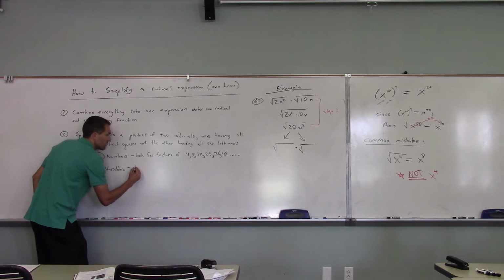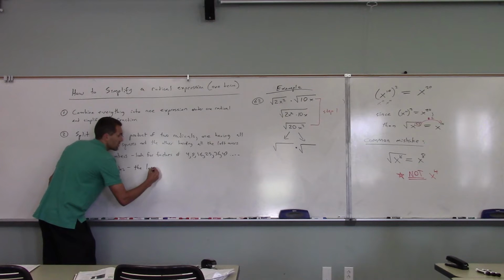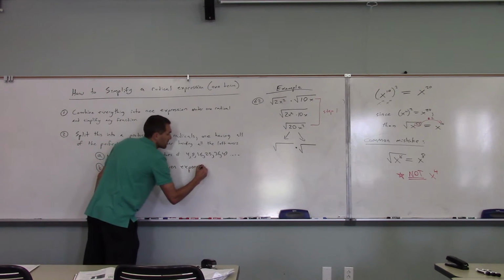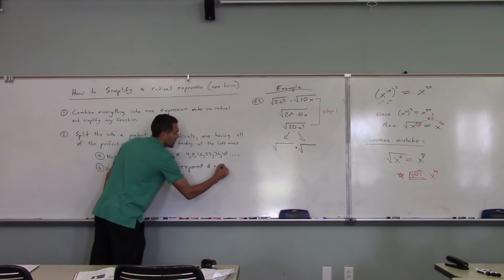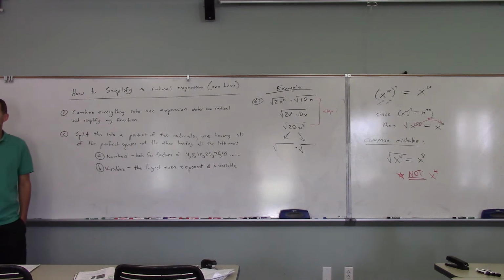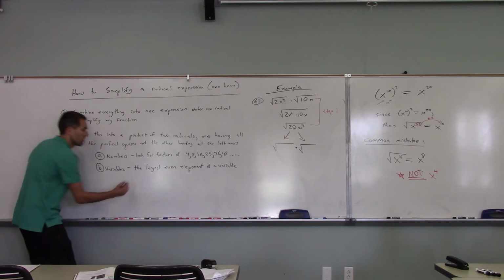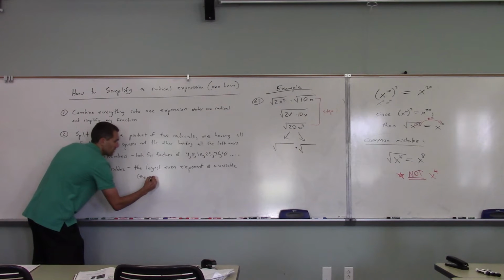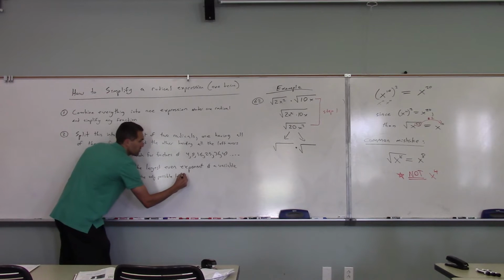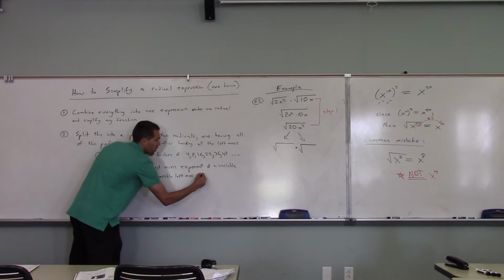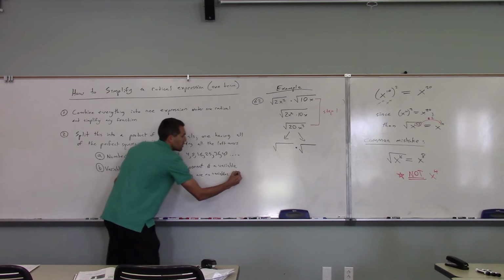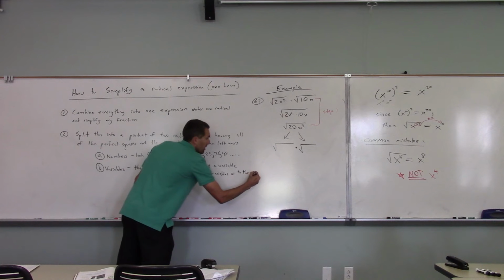So in general, the only possible leftovers for variables are no variable or to the 1 power.